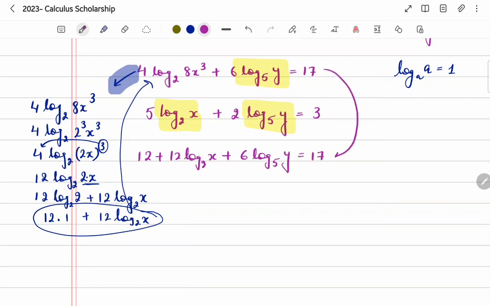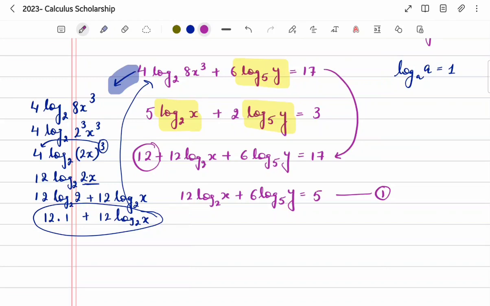So this top term is now written like this. 12, when moved to the other side, is going to be take away 12. So our equation is 12 log 2x plus 6 log 5y is equal to 17 take away 12, which is 5. So this is our equation 1, which we have simplified.